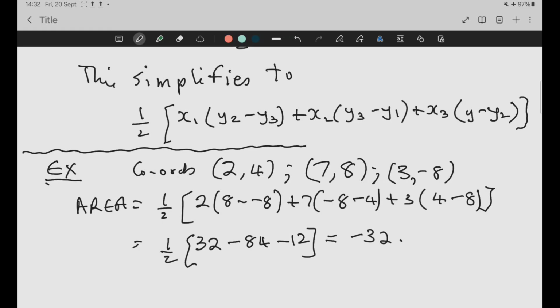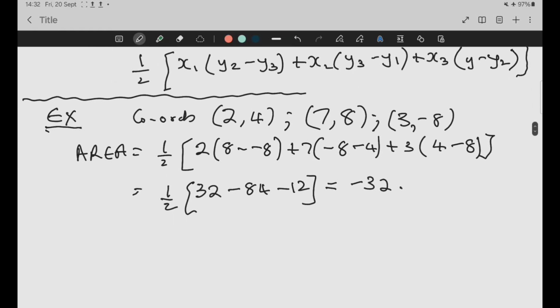But the main thing is we need the magnitude of the area. The magnitude of the area will be 32. Now, if, as I mentioned earlier, you're going to have a little bit of a problem remembering this formula, there is an escape route, and it's going to go as follows.